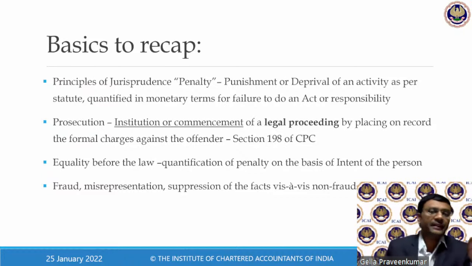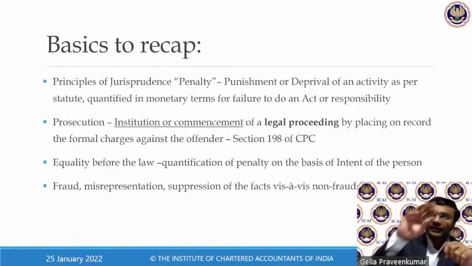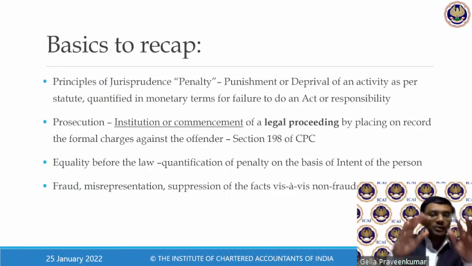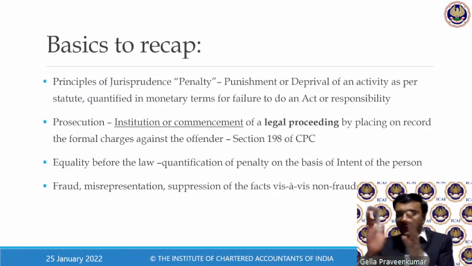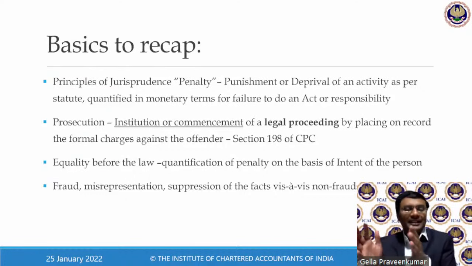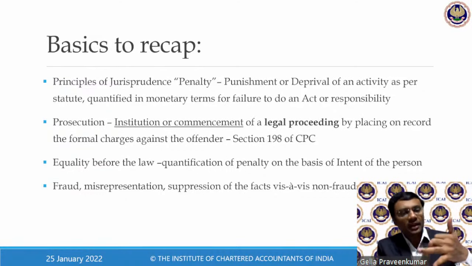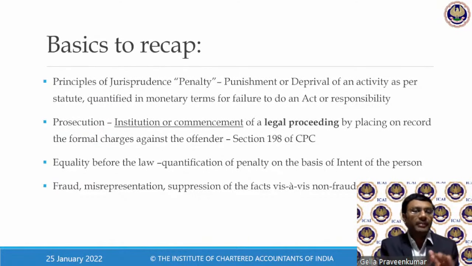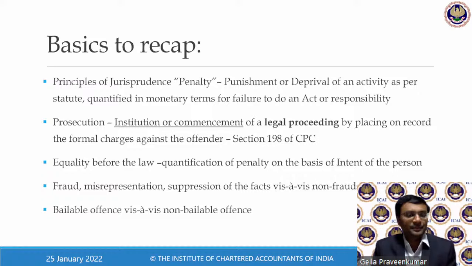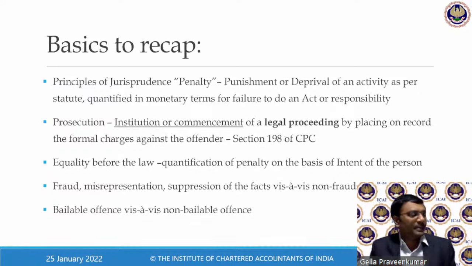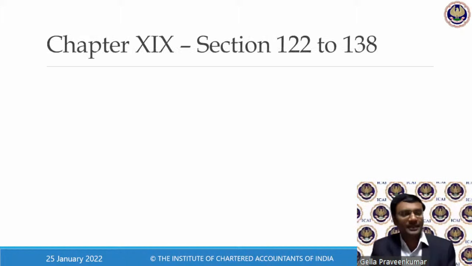If you recollect the previous session on demand and recovery, we discussed what is fraud, misrepresentation, suppression of facts, and how we have to guide and assess every box of the transactions, to keep the assessee in a position to say that he is not a fraudster or willful defaulter or having an intent to suppress, and how we make good of the assessee's concern. Next, we also discuss bailable offense versus non-bailable offense in today's chapter.